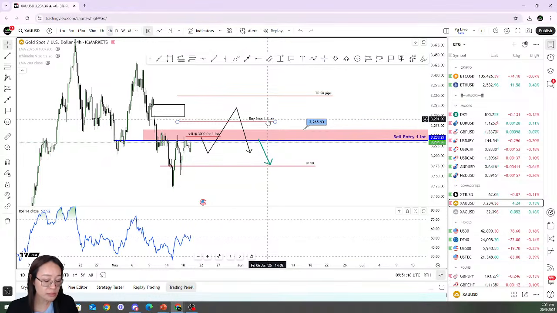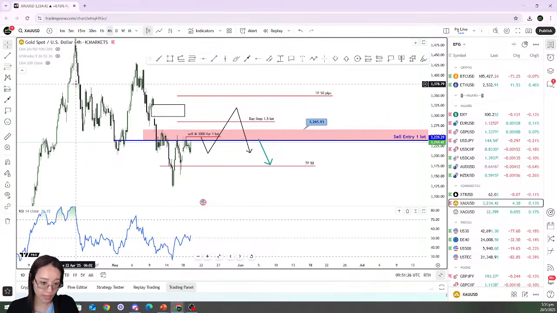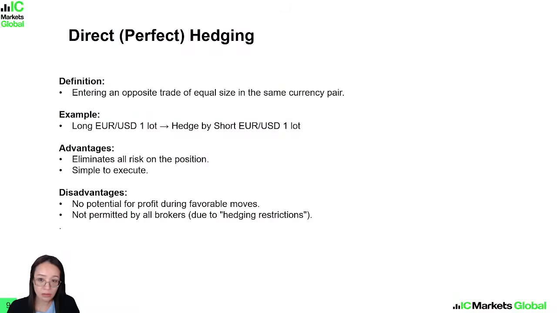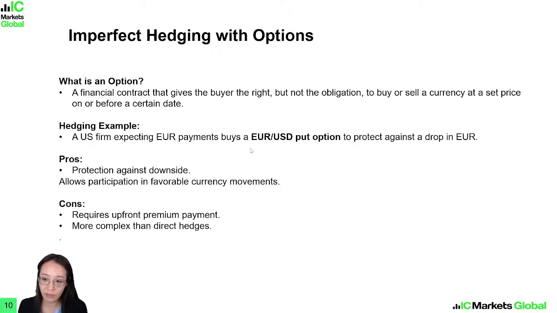Okay, it looks like a martingale, but if you understand the concept of martingale, this is a hedge for the same pair, which is called perfect hedging or direct hedging. Basically it's just opening a buy and a sell on the same currency. Now imperfect hedging with options, I don't want to go too much into this because I don't trade options.